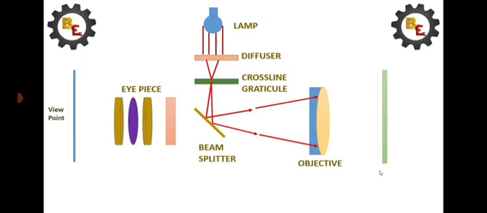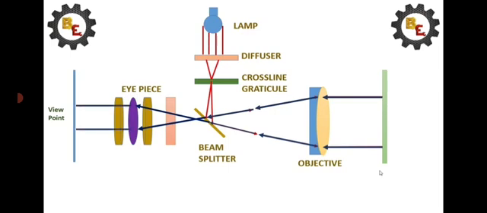This objective will provide the pencil of light. This action is known as autocollimation. Now this pencil of light is projected on the reflector plane. Now the waves are reflected, and via the beam splitter they reach the eyepiece. Then it will be projected on the focal plane.